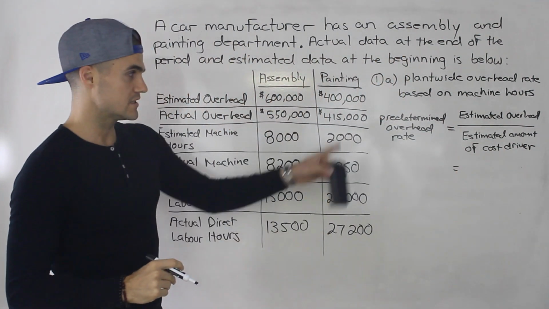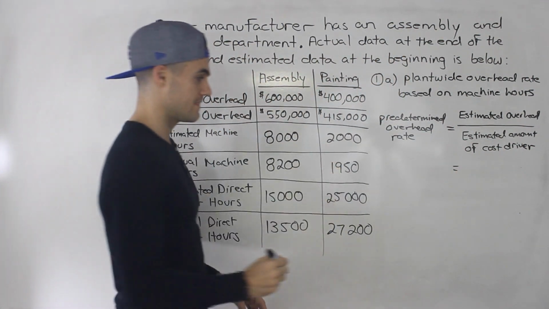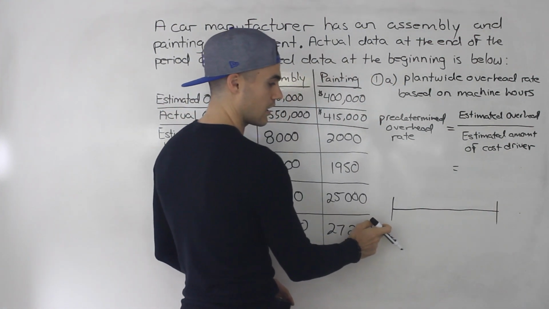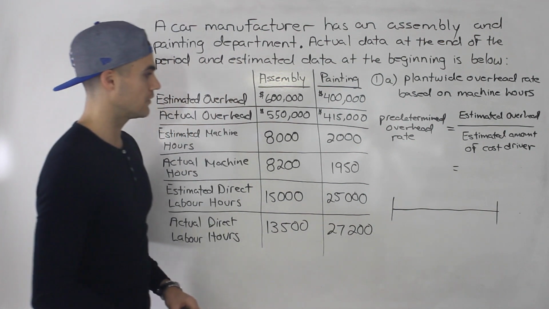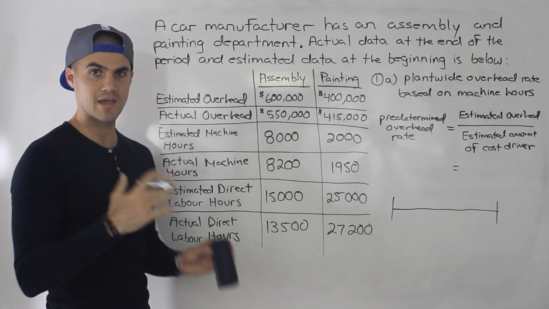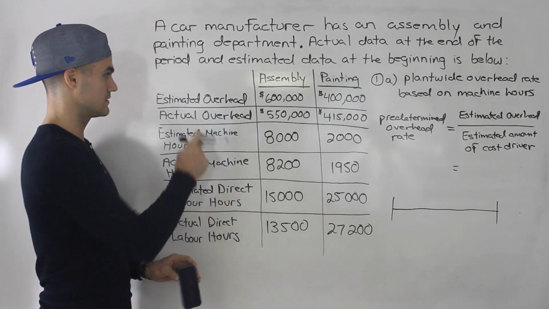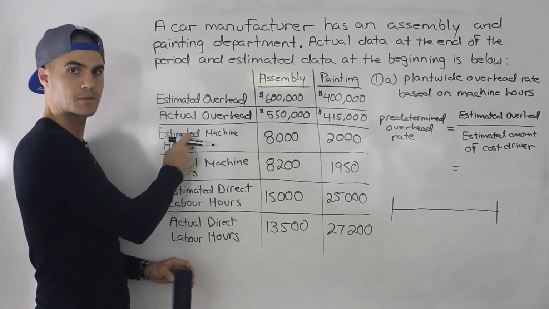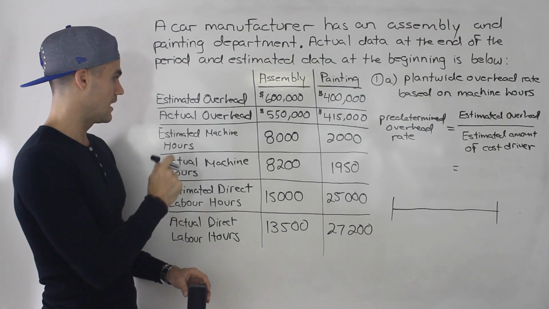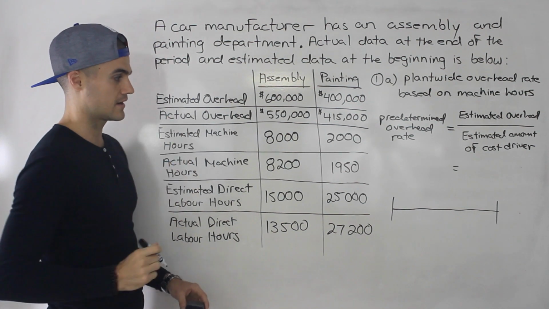If you remember, the predetermined overhead rate is calculated at the beginning of the period. So that's another thing I want to mention. Notice that in this chart here, they give you a mix of estimated data, right? So you'll have this estimated here. Sometimes you'll see this shown as budgeted instead of estimated. And then you'll have the actual data.